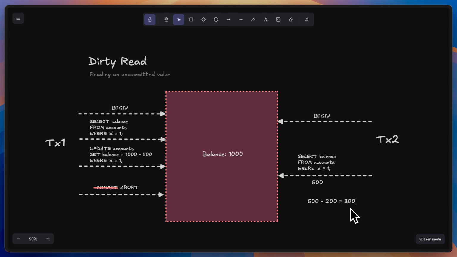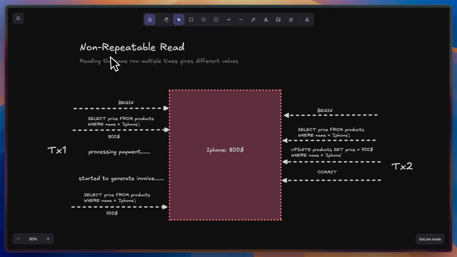Now, if we commit, the balance would become 300, but in reality it should have been 800. So that's the dirty read problem. This transaction read a value which was not yet committed by transaction TX1, and because of that we faced inconsistency like this.